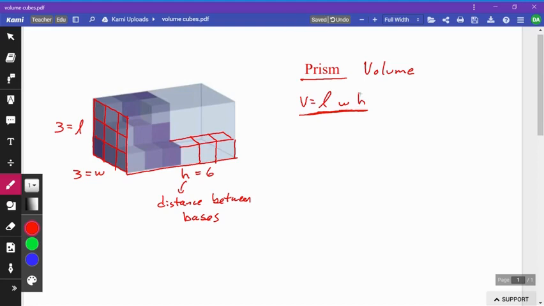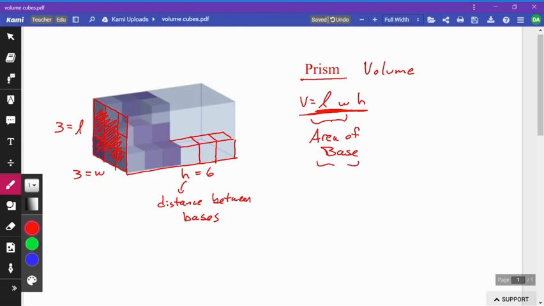Well, instead of remembering just length times width times height, let's come up with a little bit better formula that can be used for all prisms. So here we have length times width. Well, what this refers to is the area of the base, because I can see here that 3 times 3 will give me the area of this base, which is 9 squares.